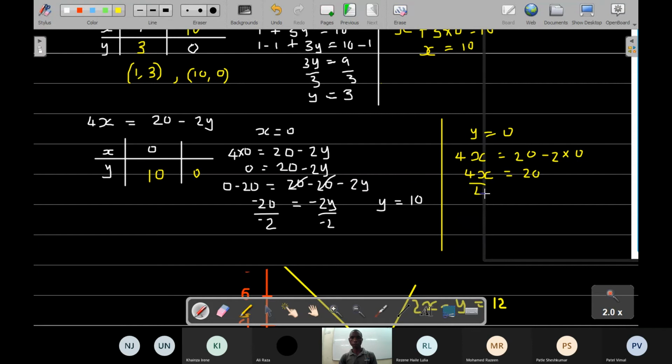So divide both sides by 4, and you find that the value of x which we get is 5.